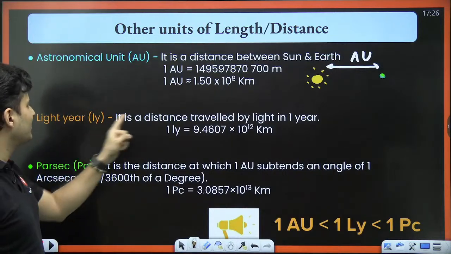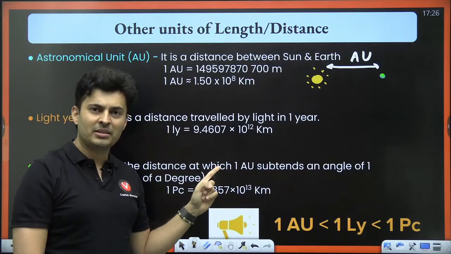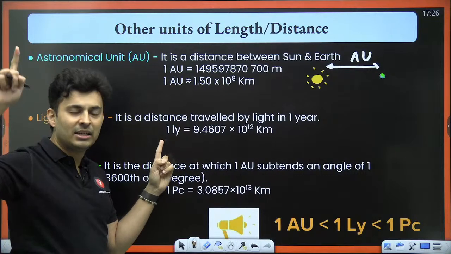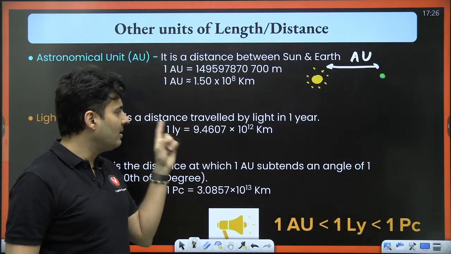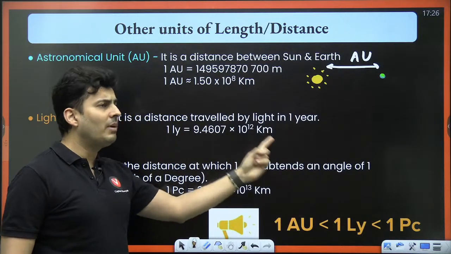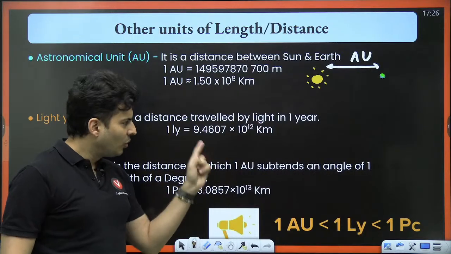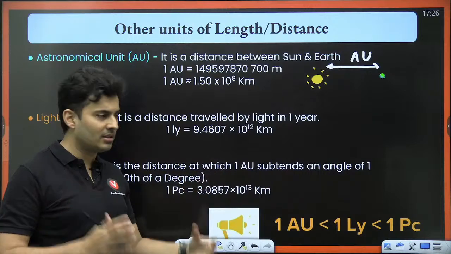Champa was traveling at the speed of light, that is 3 lakh kilometers per second. Because she was light, she was Pandu's sunshine, in 1 year she traveled 9.4 into 10 to the power 12 kilometers. She traveled so much distance. She became so far from Pandu. Now they are in a long distance relationship.